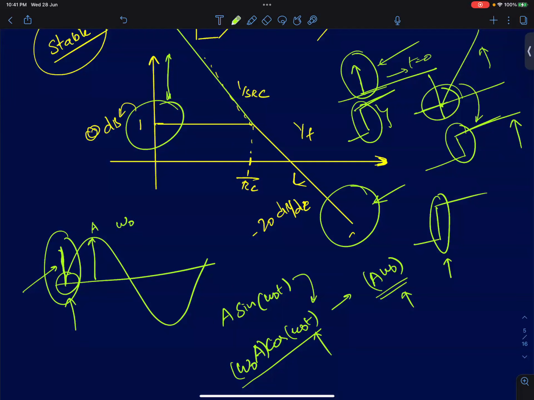So to predict the behavior of the system in the steady state, you will look at the behavior at omega equal to 0 on a Bode plot. From the frequency response plot or a Bode plot, you can predict how the system is going to behave when you suddenly apply a transient input, step, impulse, ramp. Or if you want to predict the steady state behavior, what its output is going to be, you can predict it from the frequency response graph itself.